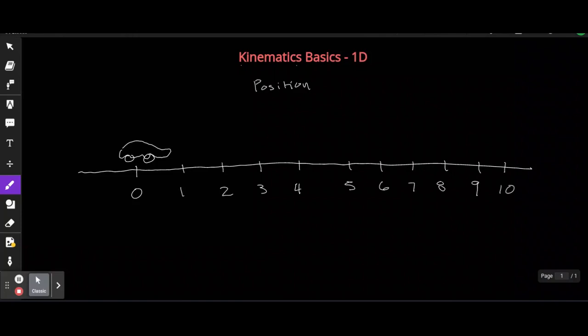Let's say that right here at position 5, it runs out of gas. We see that on the car's internal timer, the time is 30 seconds. That means starting from position 0, and let's assume time 0, our car traveled to position 5 in about 30 seconds.